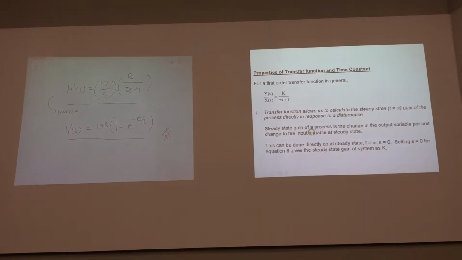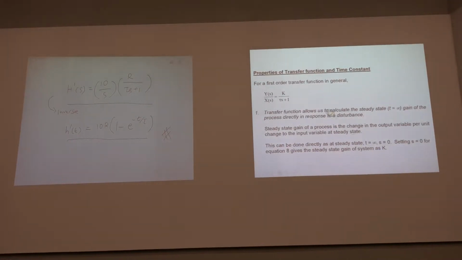Steady state gain of a process is the change of the output variable per unit change of the input at steady state. This can be done directly at steady state, t equals infinity, or s equals 0. Setting s equal to 0, the equation becomes steady state gain of the system as K. Very long and confusing, right?